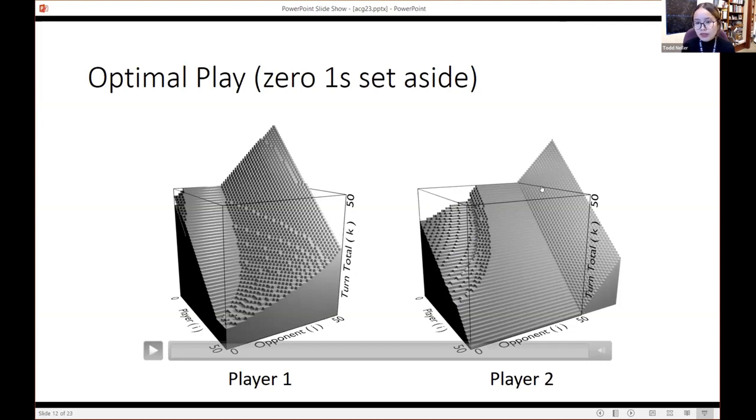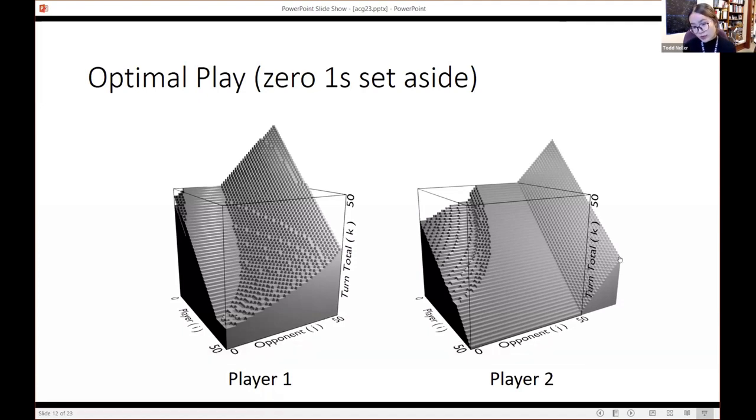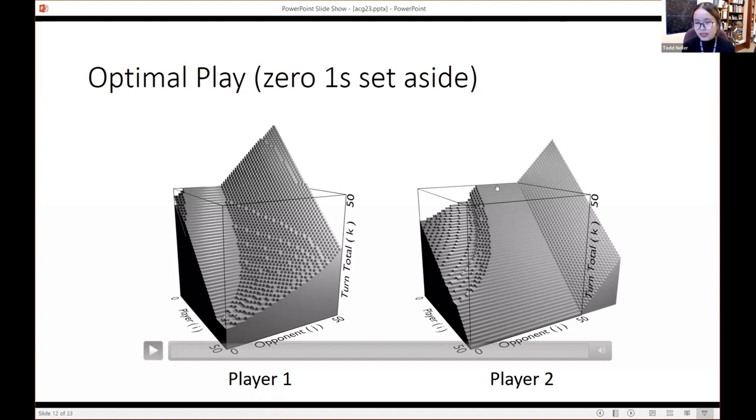And when player one has already reached 50, player two has no choice, so player two will keep rolling and rolling until it exceeds player one.